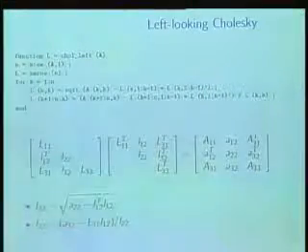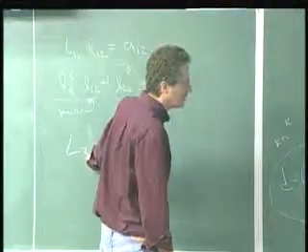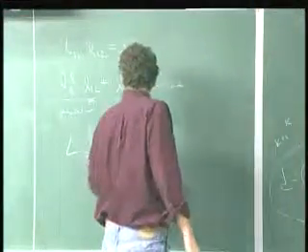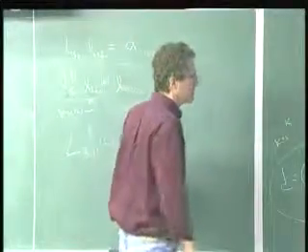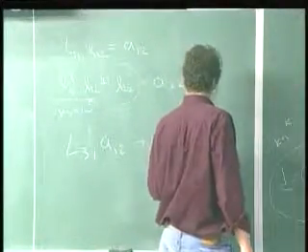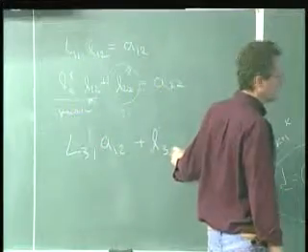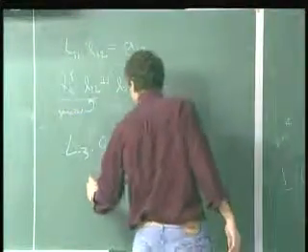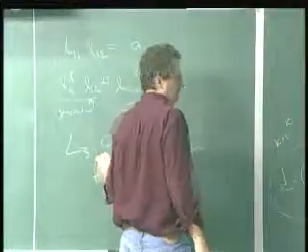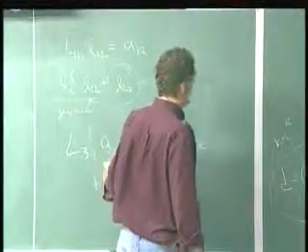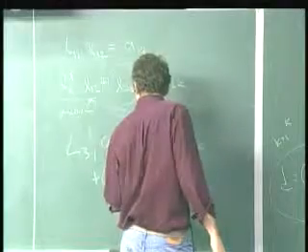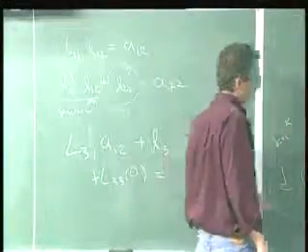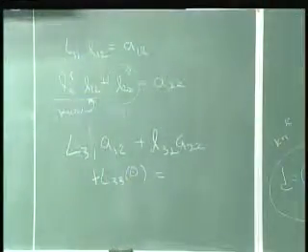And we get L31 times A12 plus L32 times A22 plus L33 times 0, because that's not there, equals A32.